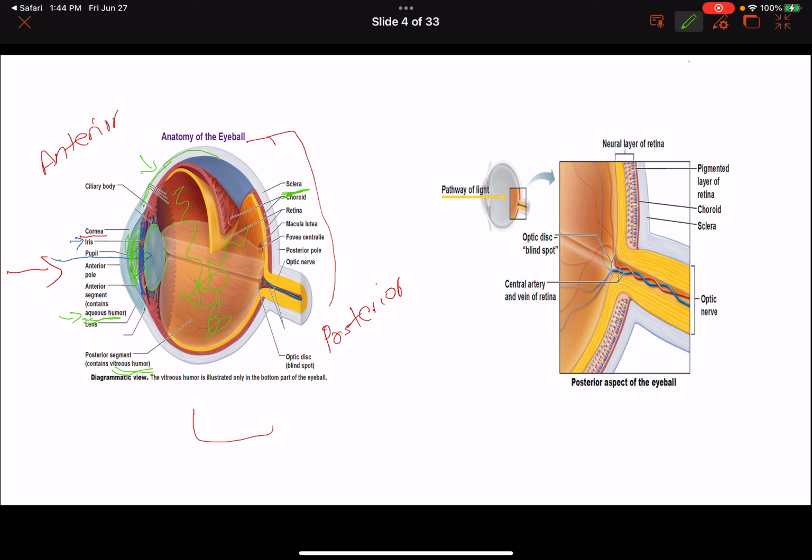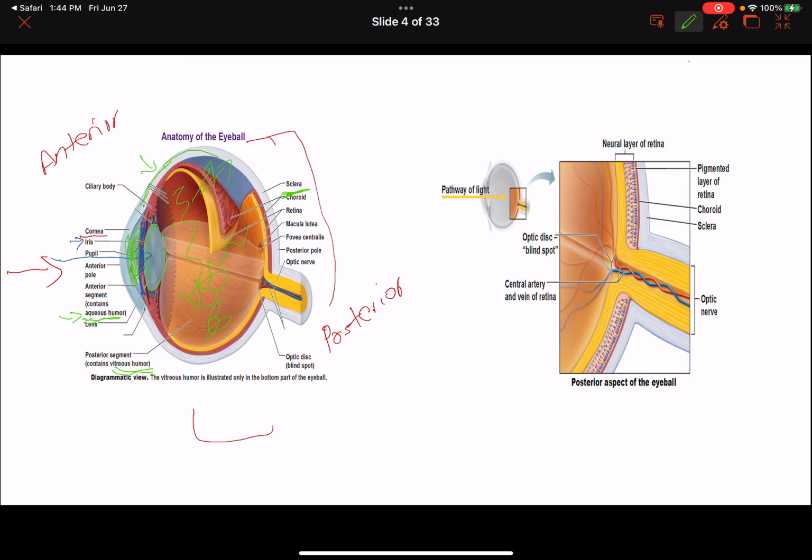That's really important. It keeps the retina in place. Think about it: with nothing to push it toward the wall, everything could fall into that cavity. So it pushes against the wall around it.